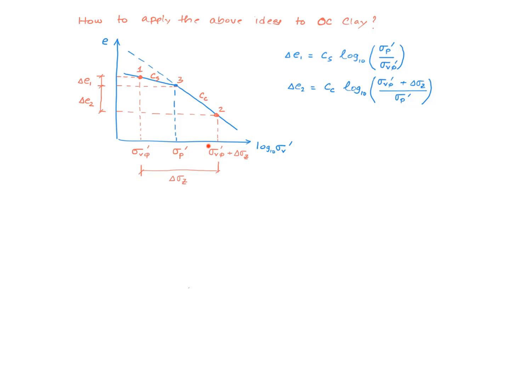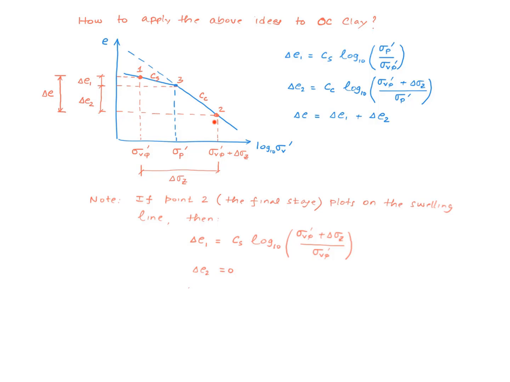The corresponding stresses are this and this. So these are the stresses that come up here. Now you add the two to get the total change in void ratio, which is what we need to calculate S infinity. If point 2 also happens to plot on the swelling line, then the equation for delta e1 is this, and there's no delta e2.